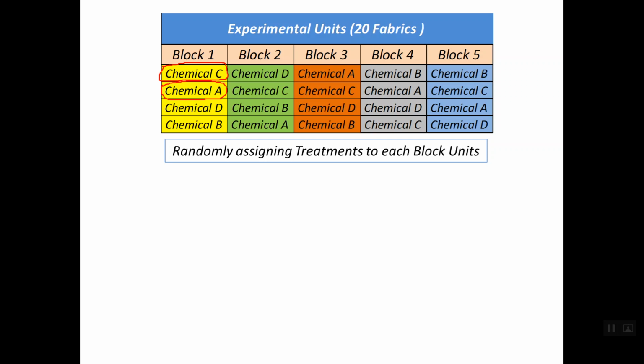In the completely randomized block design, the word completely means that each block will be treated using all the different types of treatments. So this is the meaning of the word completely, which means for each block we are using all the different types of treatments.